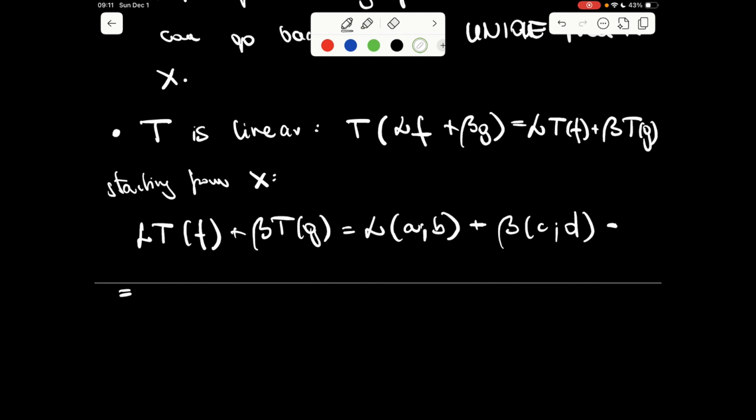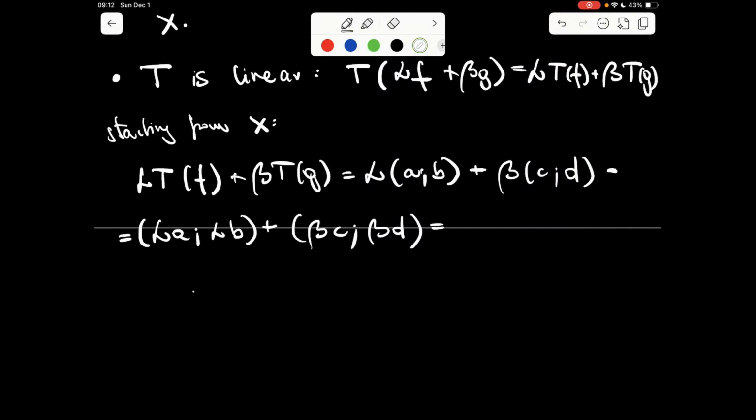These points are (A, B) and (C, D), and we combine these points with 2 constants, alpha and beta, and this is a point in R squared.